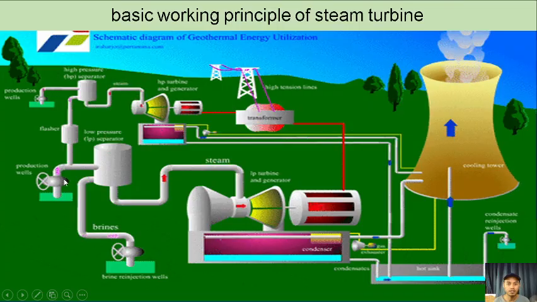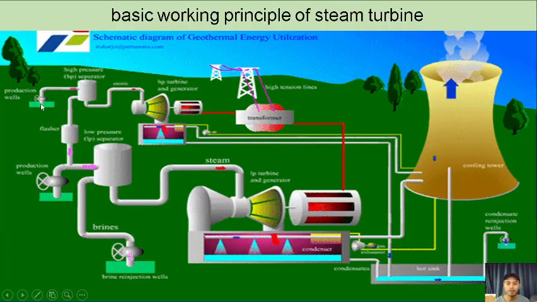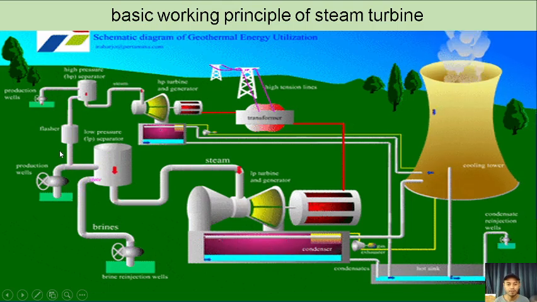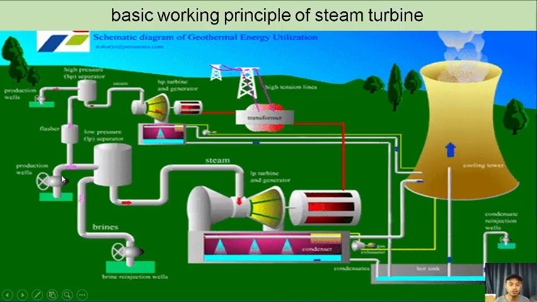So in Tungonan, they usually have steam, since Tungonan is near a volcano or something, so near a hot area. So around the volcano, they usually put water, and this water will create steam.